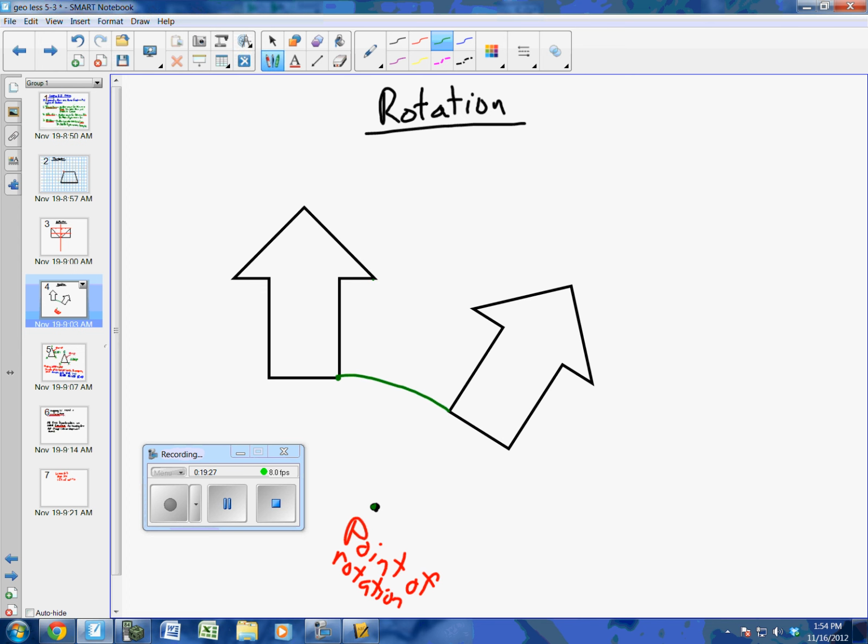This point would move along the circle there. It would have a greater circle than this inside one right here, right? It's moving in a circular motion. We say it's rotating. Okay, any questions there?